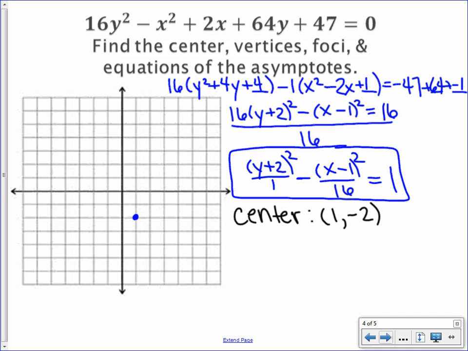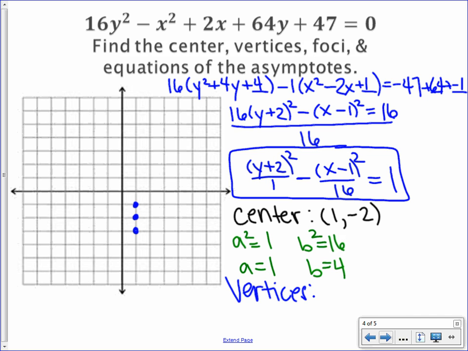Which one is a squared? A squared is 1, which means a is 1. B squared would then be 16, so b is 4. Since a is 1 and we have a vertical hyperbola, I'm going to move up 1 and down 1 from our center for our vertices. So our vertices are at 1, negative 1 and 1, negative 3.